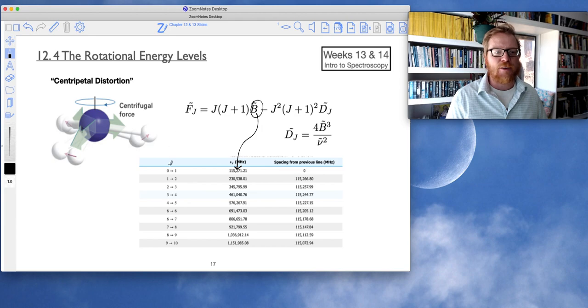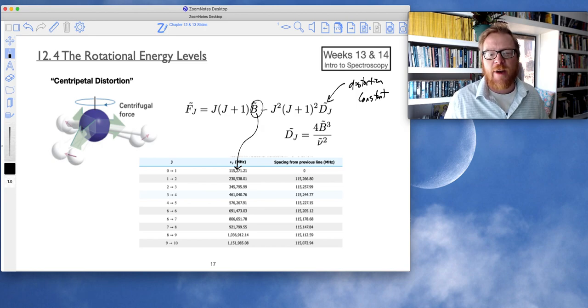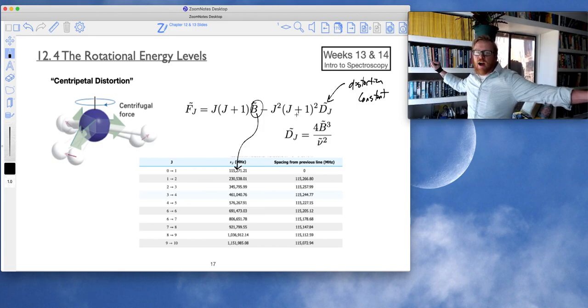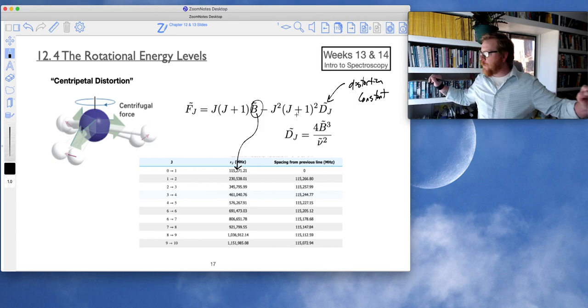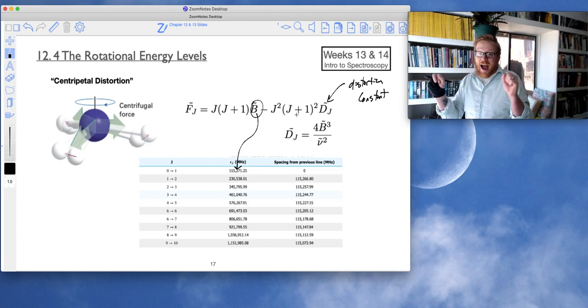And so as it turns out, that centripetal distortion effect can be given by the J constants as well as the distortion constant, okay? So that's given by D, all right? So that's the distortion constant. And so you notice the effect of this is that it reduces the energy level, because as the bond is being elongated, you have to think of what I like to call the quantized ice skater, right?